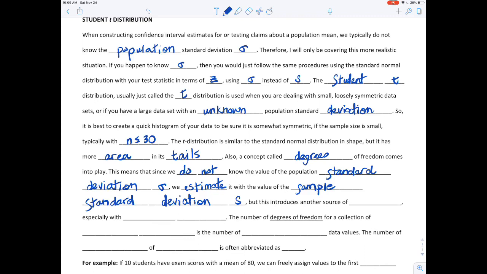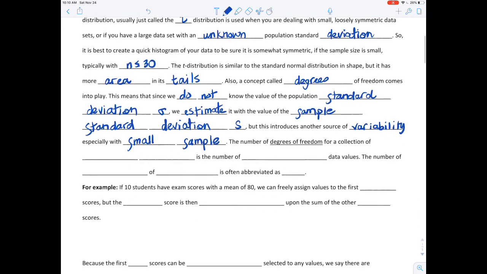But this introduces another source of variability. And we like to reduce that as much as we can, especially with small samples, because they typically already have more variation.